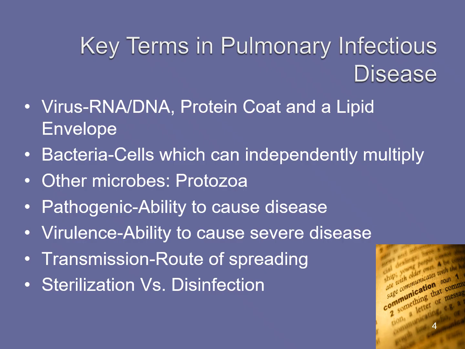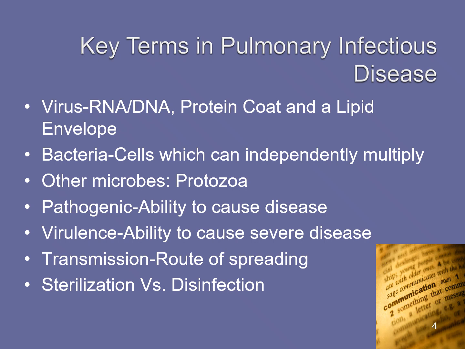It needs a host. Bacteria, on the other hand, are cells which can independently multiply. There's a host of other microbes, including protozoa, rickettsia, amoebas, and many, many other forms of microbes.